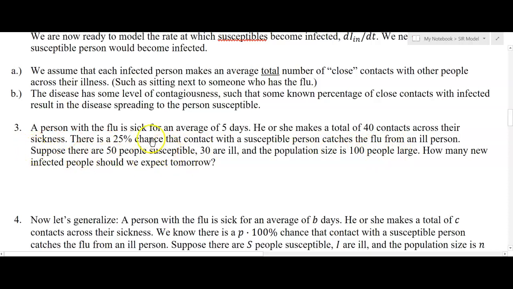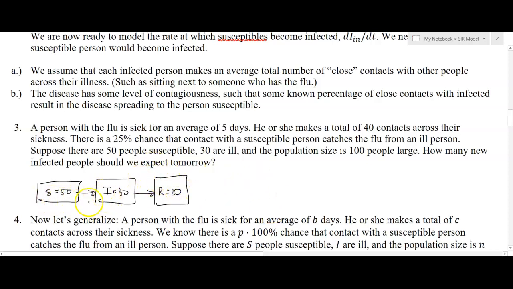For the current time, assume there are 50 susceptible, 30 ill, and we have a population of 100 people, so that means that 20 are in the removed group. So if we model, S at the current time is 50, the number of infected is 30, and the number of removed is therefore 20. So again, we have assumed everybody has their place.